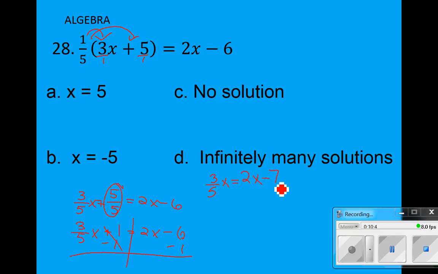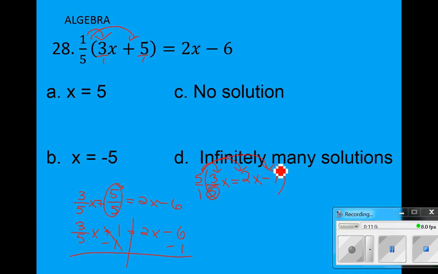Now I have a fraction, and you were taught that if you have a fraction, you can clear it by multiplying everything in the equation by the denominator of your fraction, which is 5. So we can distribute this into everything in the parentheses.